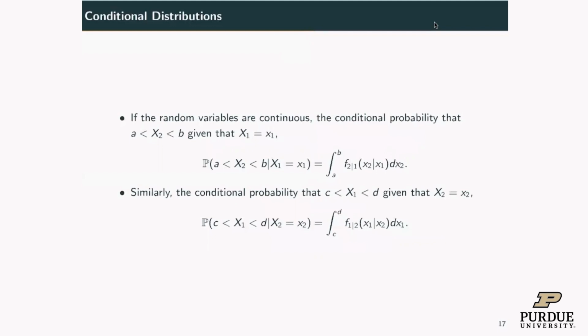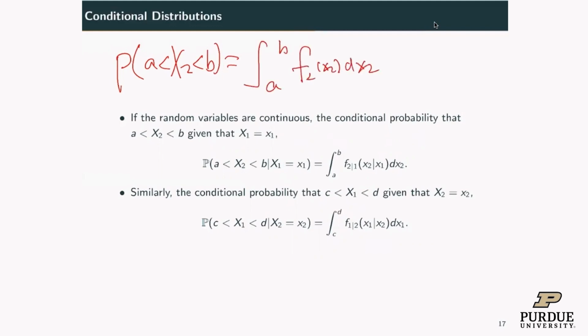For example, in the last lecture, the probability A less than x2 less than B. We know to calculate probability, we should use the marginal distribution of x2. That's how we get the probability. Here, if you replace this marginal by the conditional, the corresponding probability you get will be the conditional probability.